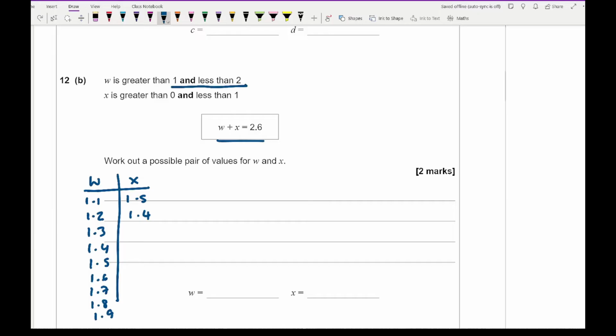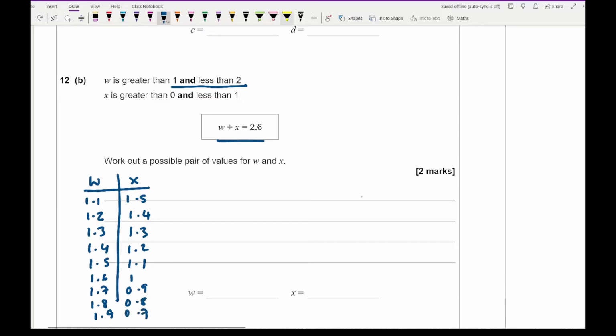For X, it's got to be between 0 and 1. So as you can see, none of these numbers apply just yet. So I've got 1.3, 1.2, 1.1, 1, 0.9, 0.8, and 0.7.